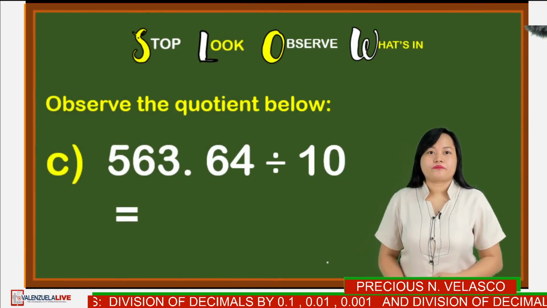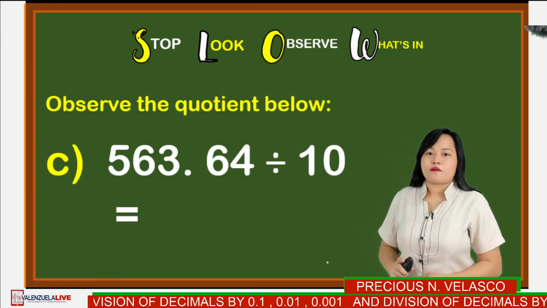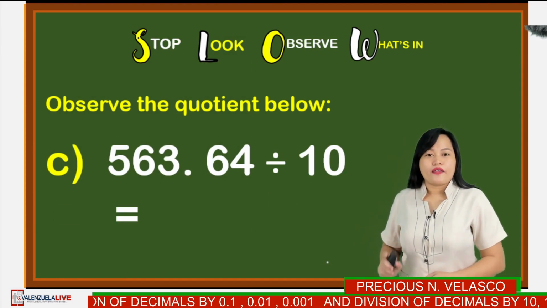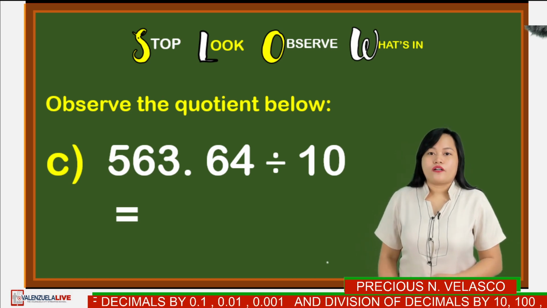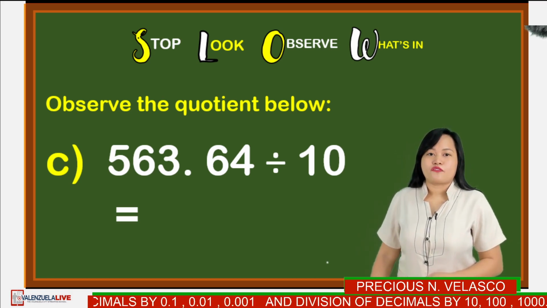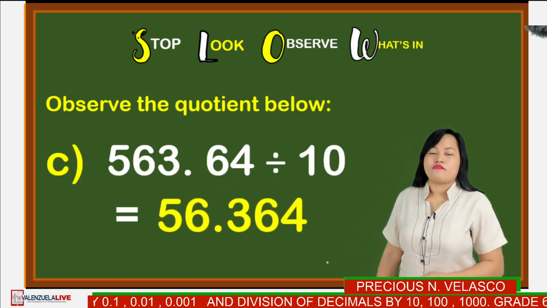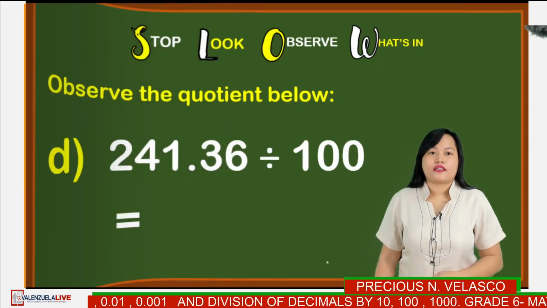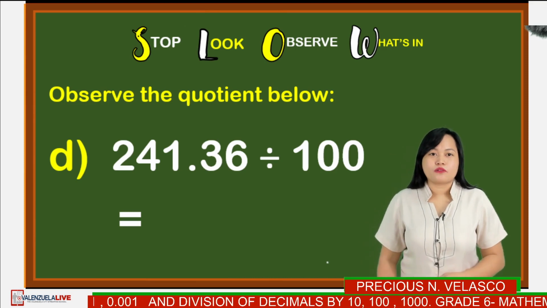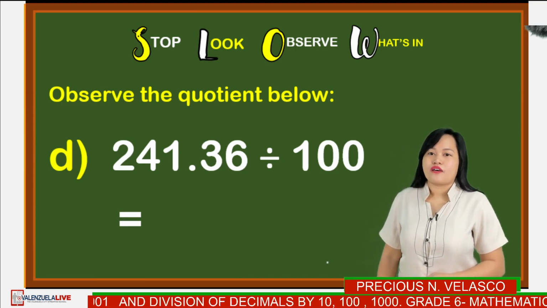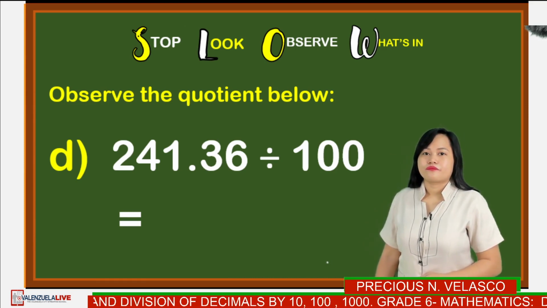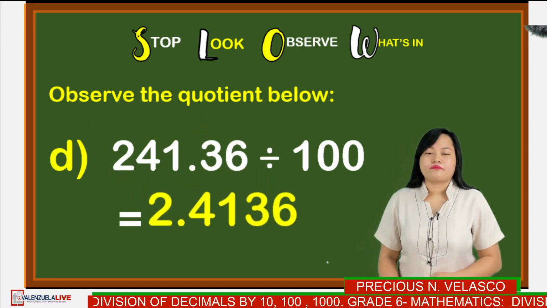Next one. In this equation, we have another, different divisor from the previous. And we have a quotient of... For the last one, we have 100 as a divisor. And our quotient?